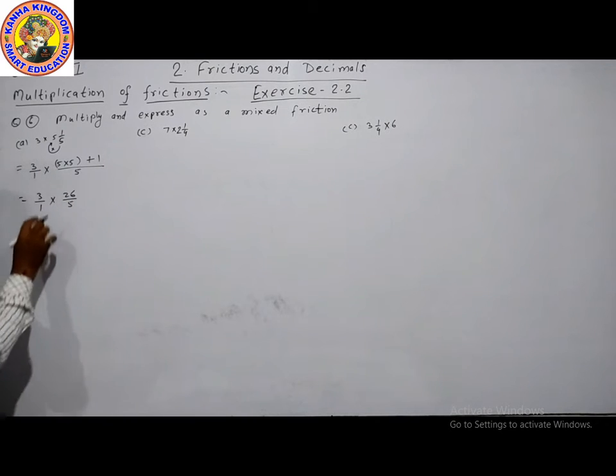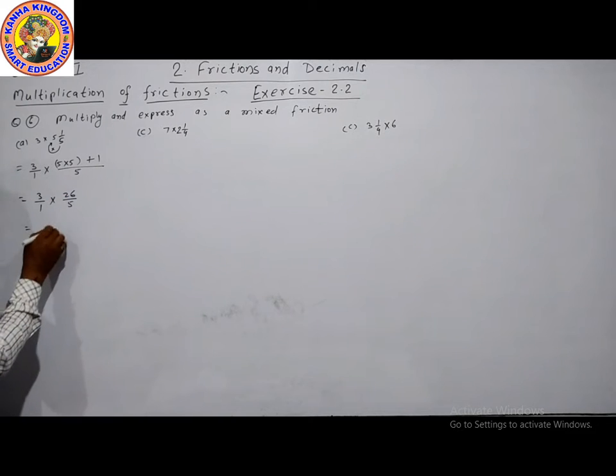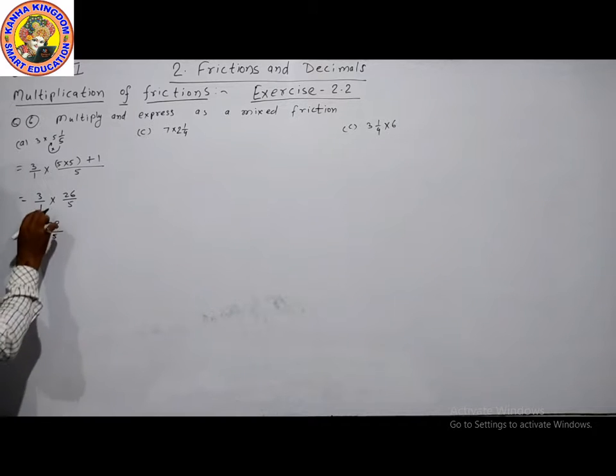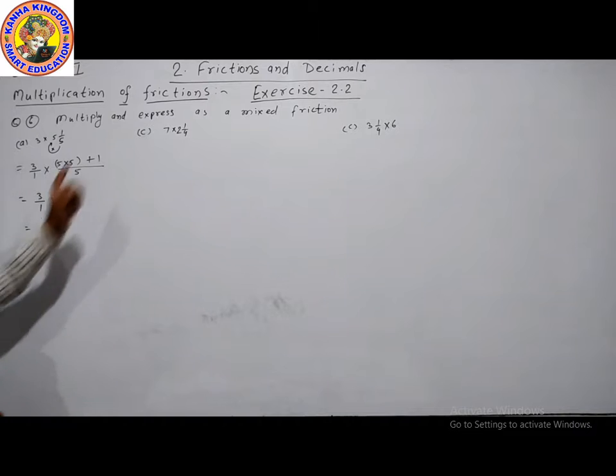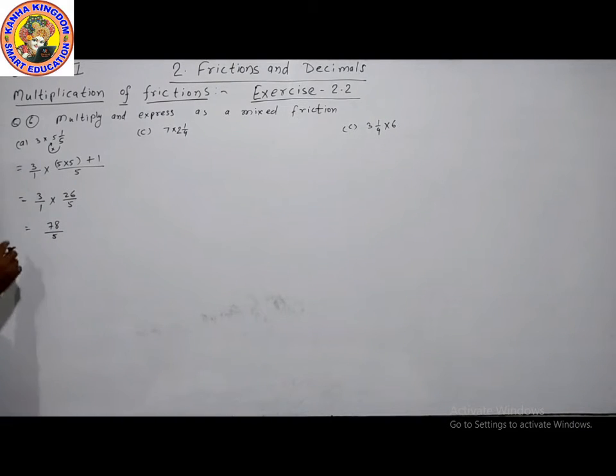Now 3 into 26 is 78 upon 1 into 5, 5. This is our answer, but we need to express it as a mixed fraction, so we will divide 78 by 5. 1 time 5, 7 minus 5 is 2.